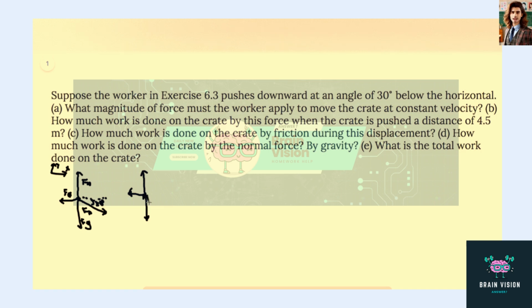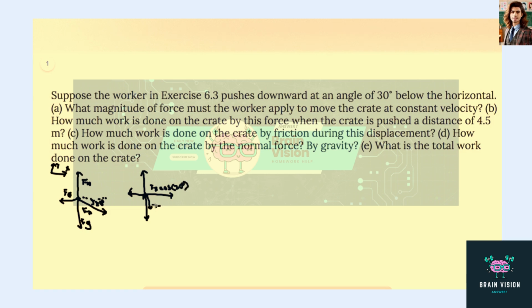We'll see that this will be equal to the magnitude of the pushing force, Fp, times cosine of 30 degrees.